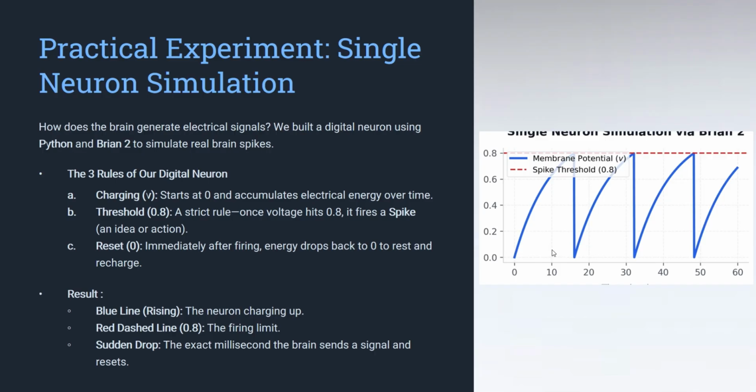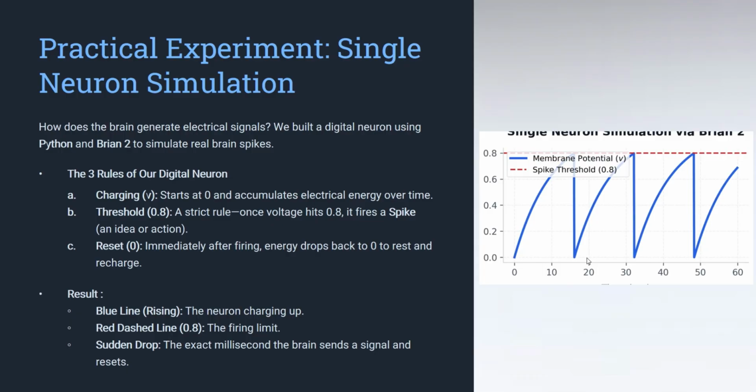As you can see in the graph, the blue line represents the charging. The red one is the limit that we set, and the third one is the spike after the limit, as you can see.